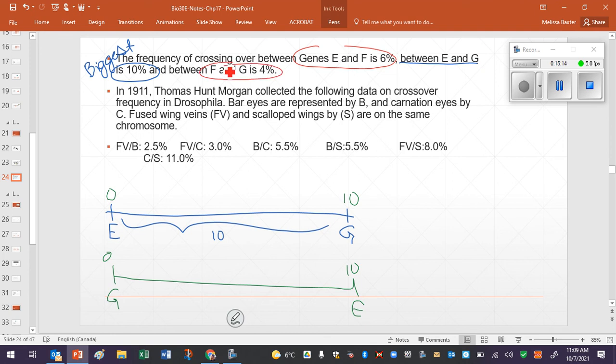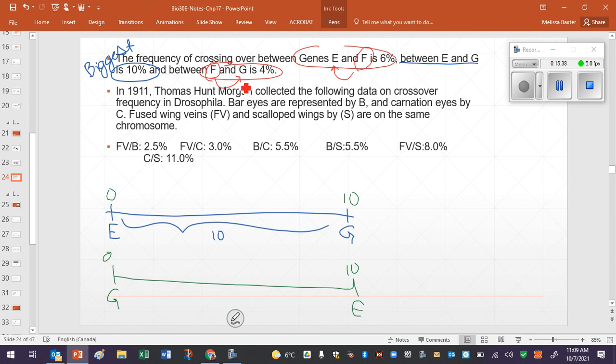My next step is always to take one of the genes that's given and see if I can compare it to both of my endpoints. So in this example, here's F, and I have data that compares F to E and F to G. So I can compare this gene to both of the genes I already put on my chromosome map.